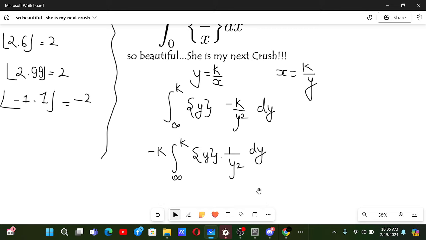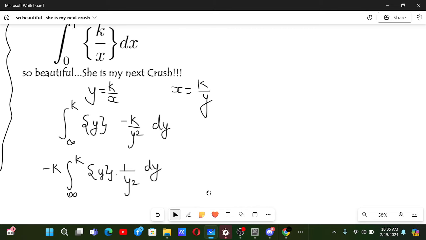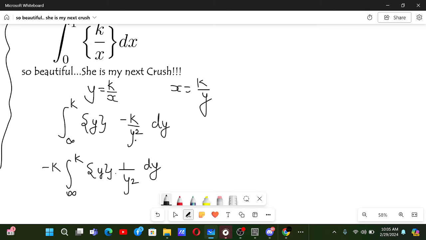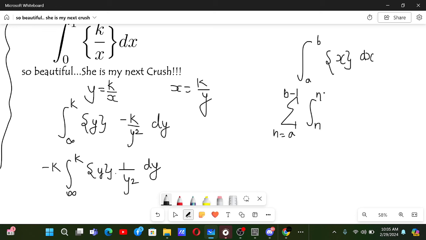Now there are some standard techniques we use when there are floor function or fractional part functions. Basically, let's say we have the integral from a to b of the fractional part of x dx. In that case we will write this in the form of a sum, where n goes from a to b minus 1, and the integral goes from n to n plus 1.